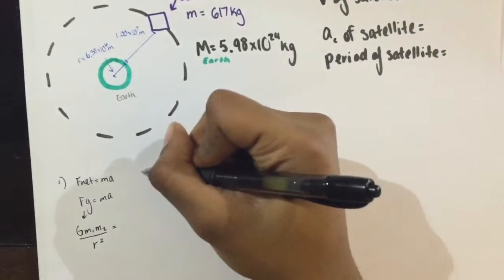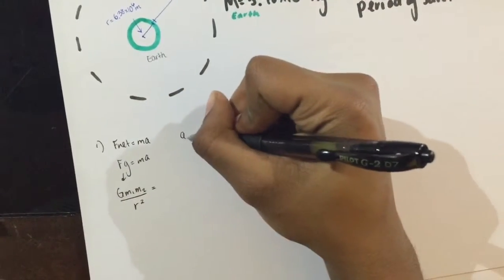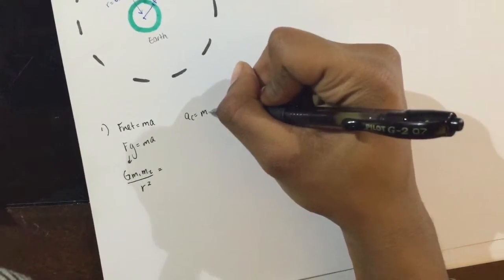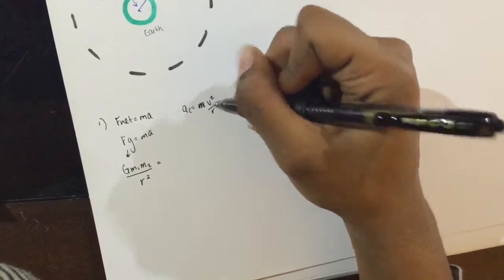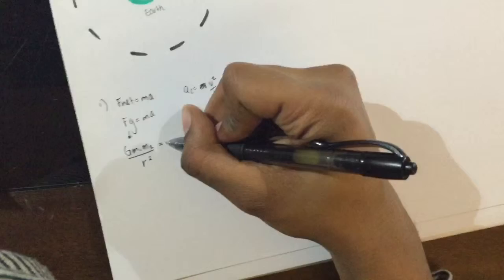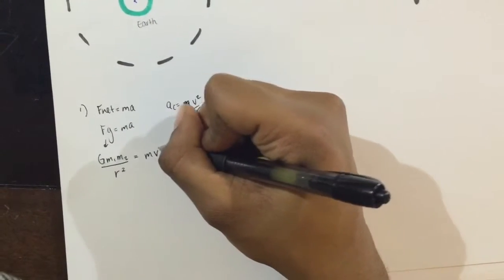And the formula for acceleration of objects in circular orbits is v squared over r. So when we plug that in, we're going to get m v squared over r.